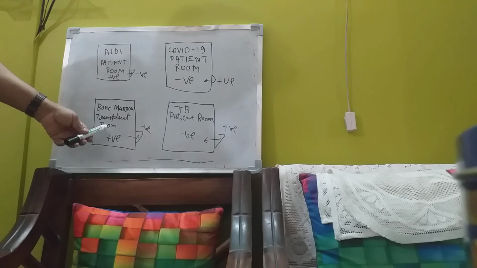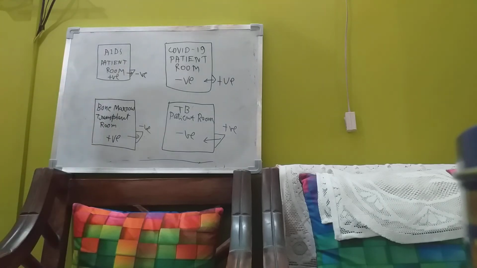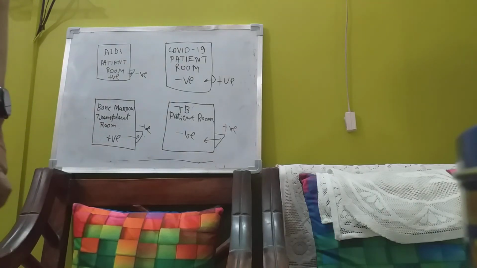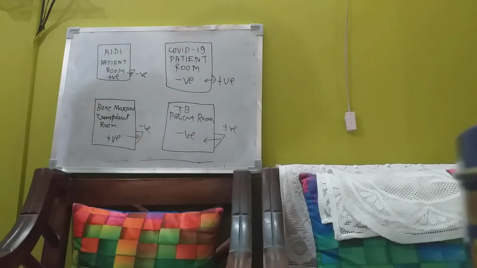Similar positive pressure is used in a bone marrow transplant room. When does a bone marrow transplant happen? It happens when there is blood cancer. When the bone marrow transplant of a patient is done, for another 20-21 days, he remains in an extremely fragile condition.